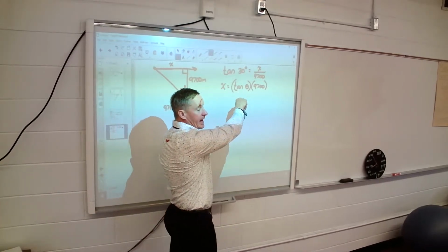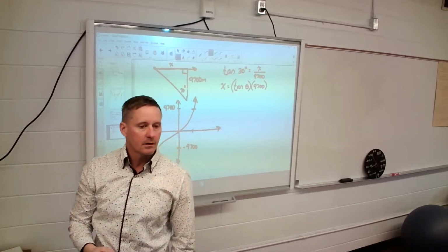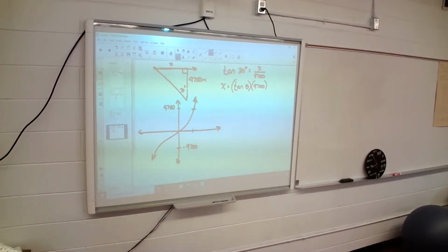What does tan theta have to be as a ratio in order for h or x to equal 9,700? 1. 1 times 9,700, correct? So what angle does theta have to be in order for tan theta to equal 1?